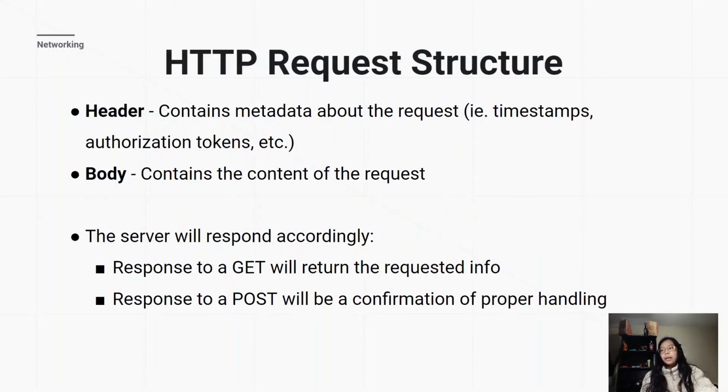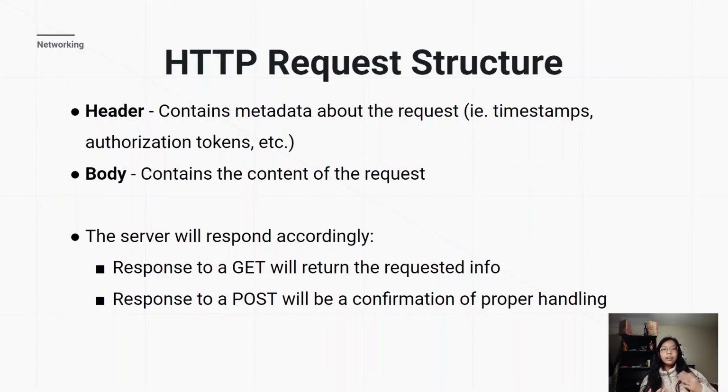Normally when you make an HTTP request, there are two parts to that request. There is a header and a body. The header normally contains metadata about the request or about the person who's making the request. So this will include timestamps. It might include authorization tokens.